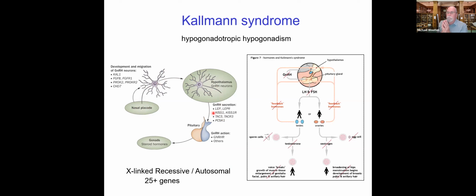Some of these proteins are simply transcripts that are modified, edited. Editing has to work properly. All that has to work in order for the pituitary then to put out the right hormones and the right quantities of those hormones. So there's a million steps in here that have to occur, and therefore there are many different genes that have to be involved in order for that to work.